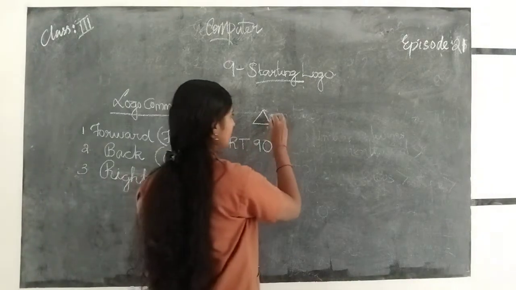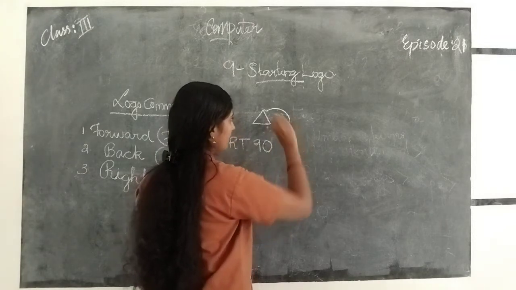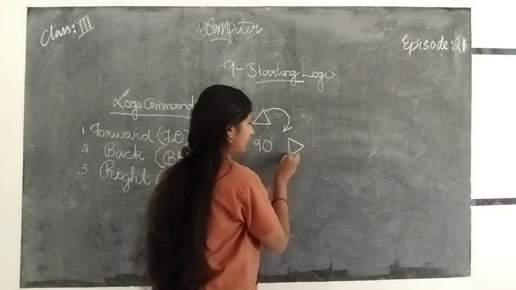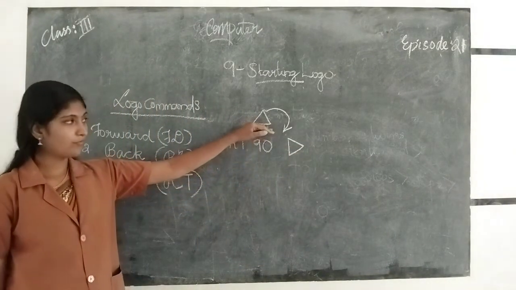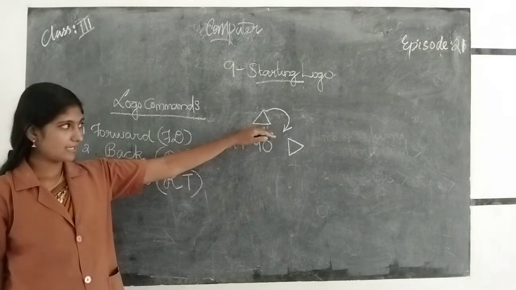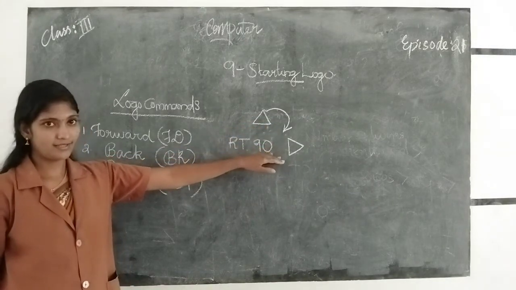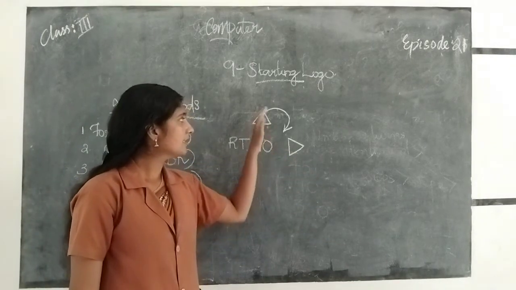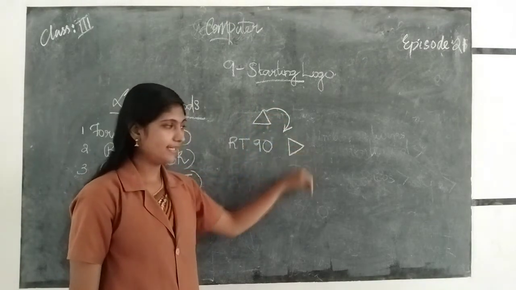So that means to the right direction, it will turn into this. So this is before applying RT90. This is the result after applying RT90. So turn the turtle to the right direction with an angle of 90 degrees.